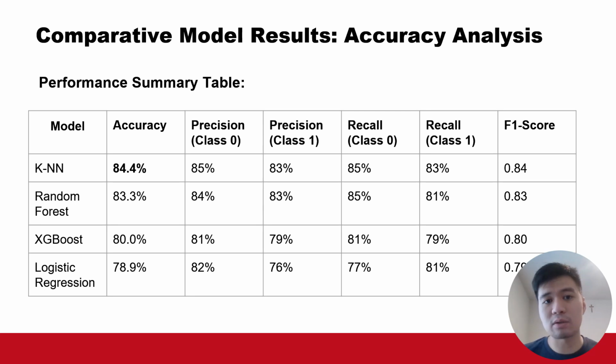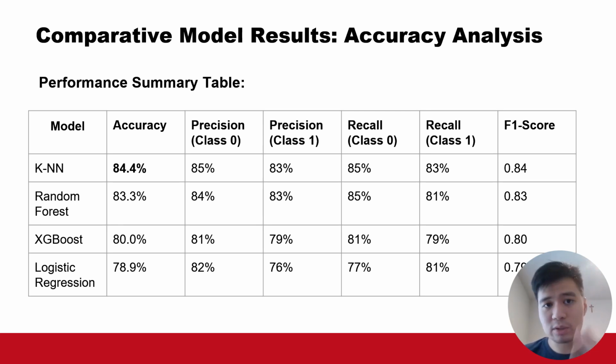For class 1, or patients with the disease present, KNN achieved 83% precision and 83% recall. When it predicts that someone has the disease, it is correct 83% of the time, and it successfully identifies 83% of all disease patients. I believe this relatively balanced performance across both classes is exactly what we want. The model isn't biased towards one class or the other.